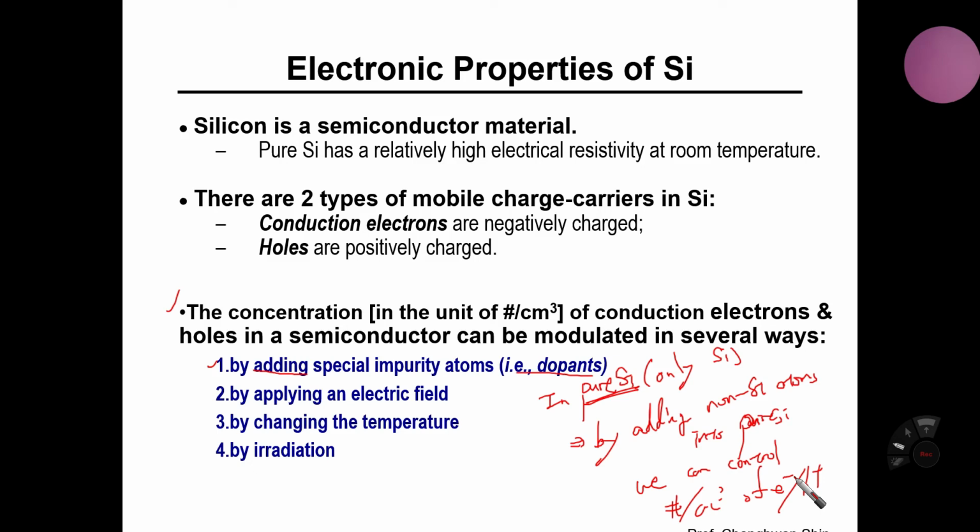All right, and the other way to control the concentration of electrons and holes can be found by applying an electric field. The concept of an electric field is like this. Within a voltage difference, the area having a different amount of voltage level is exposed to an electric field.